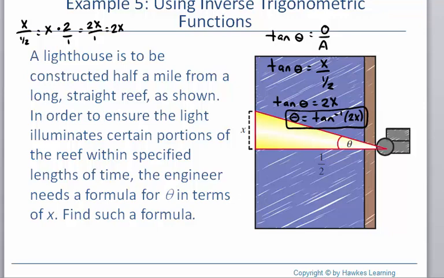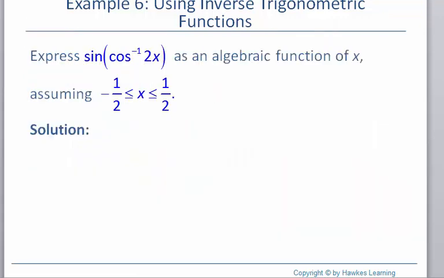Okay, so let's move on and look at our next example. All right, so it says express sine of cosine inverse of 2x as an algebraic function of x, assuming that x lies in between -1/2 and +1/2.